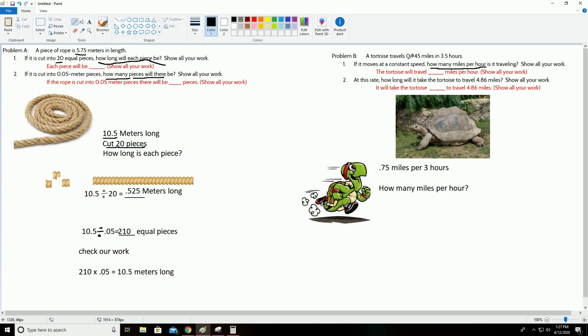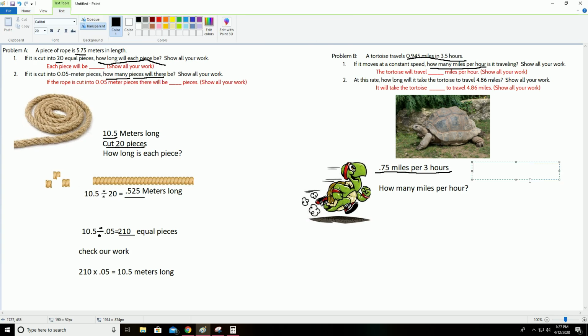Okay, this is something that we talked about at the beginning of the year. And so I've created a sample problem that's very similar to it. This goes back to unit rate, but this part is not the unit rate. This is just the rate. This tells us how far the tortoise traveled over several hours, 3 hours.